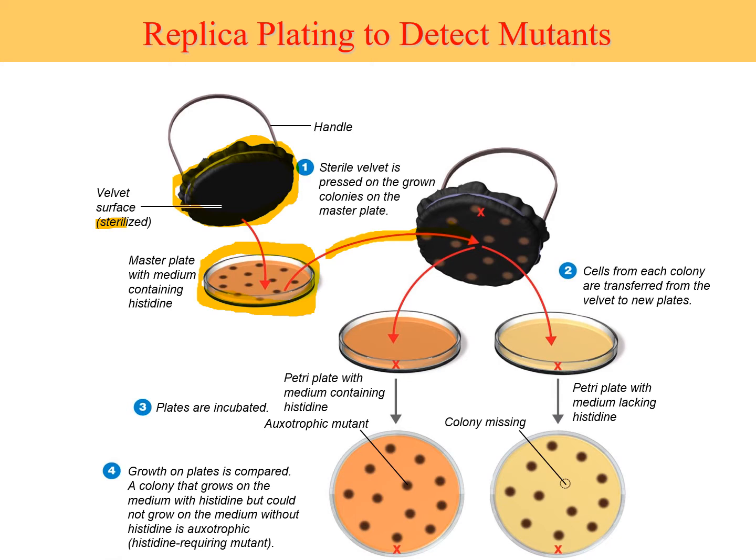Then you can make replicate plates, and you know exactly the orientation by having marked all of these carefully with an X here and X there, so you know exactly which colony is which, and you get an exact duplicate.